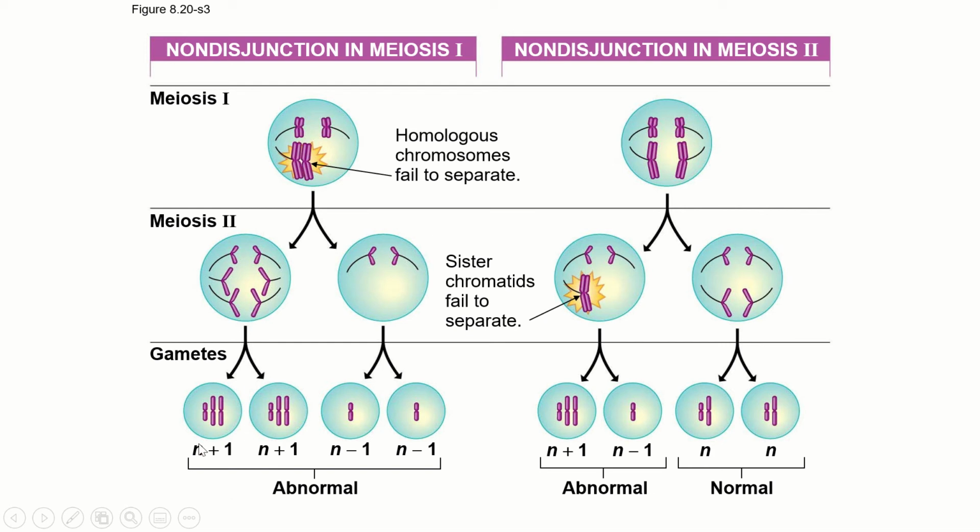So then our gametes, our eggs or sperm, either have 3 or 1 instead of 2. They should have 2 chromosomes. If it happens in meiosis 2, then again we have 2 normal gametes, and then 2 where one has 3 and one has 1. Okay, so either way, we can end up with either an extra chromosome or not having a chromosome.